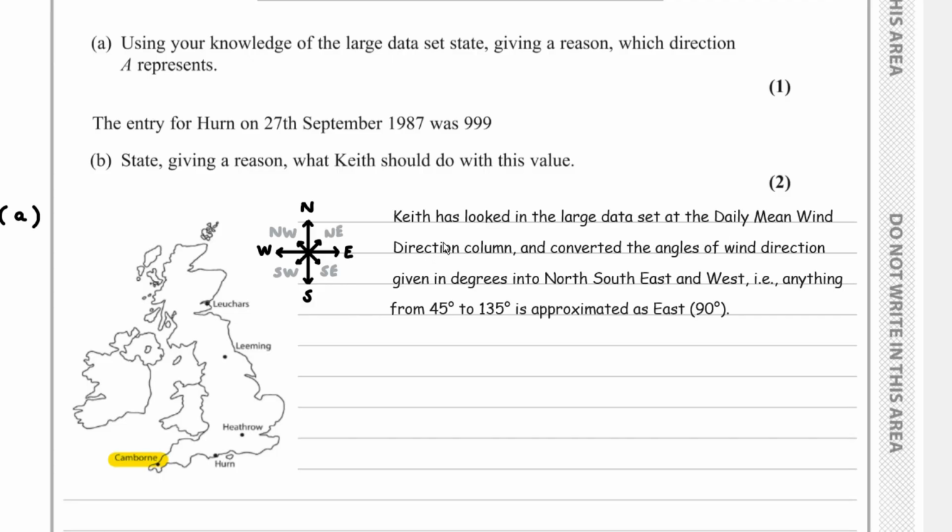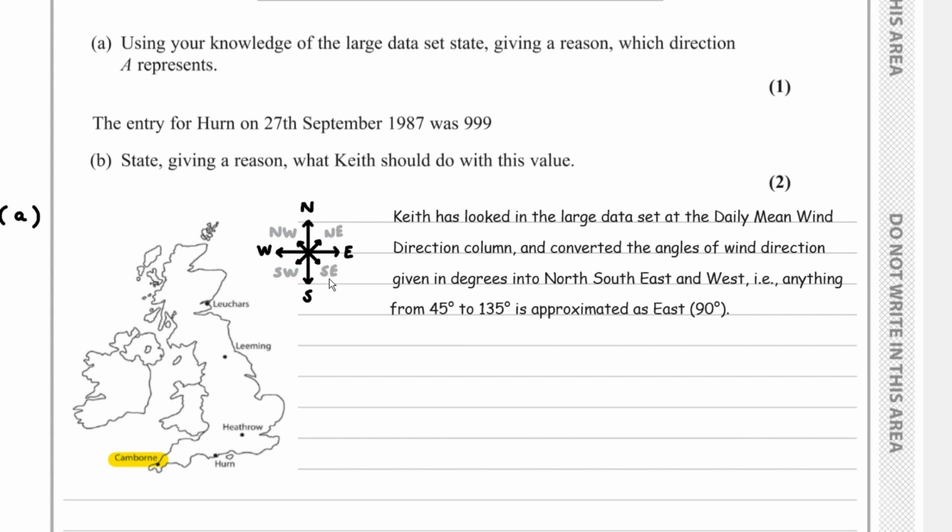So, Keith has looked at the large dataset at the daily mean wind direction column and converted the angles of the wind direction given in degrees into north, south, east and west. In other words, anything from 45 degrees to 135 degrees is approximated as east, and that's because we have 45 degrees going from north to east, and so northeast to southeast, that's 90 degrees in between them, gets us to 135 degrees.